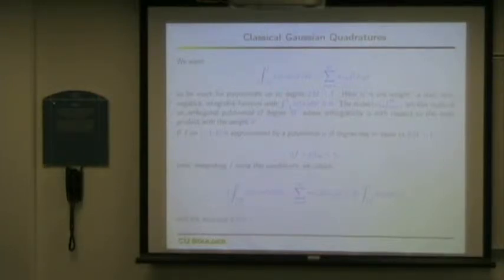So w is a weight with fairly mild constraints on it, and it is a well-known fact, and I hope that most of you know, that the nodes of Gaussian quadratures are the roots of an orthogonal polynomial of degree m, and the orthogonality is with respect to the inner product, which involves this weight.